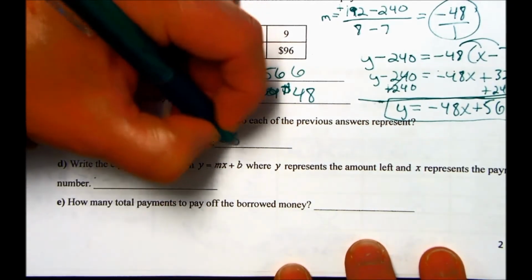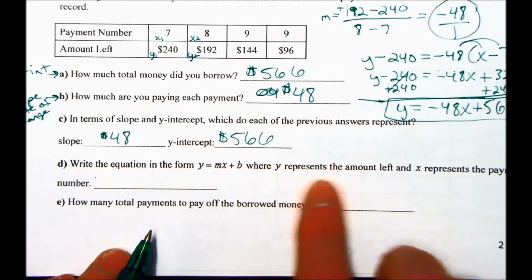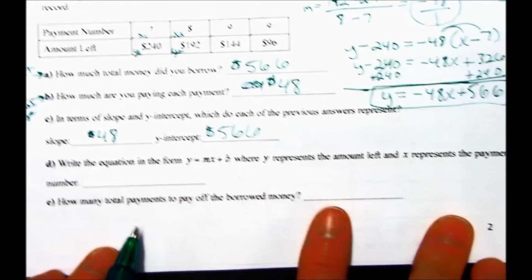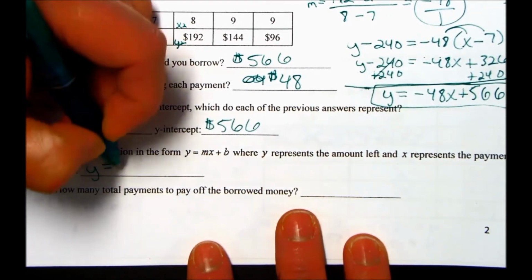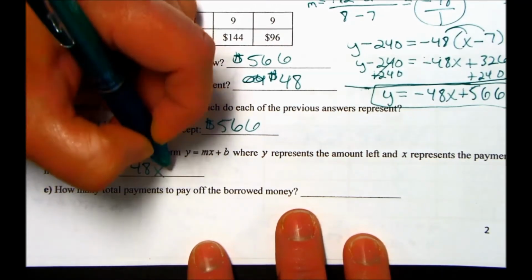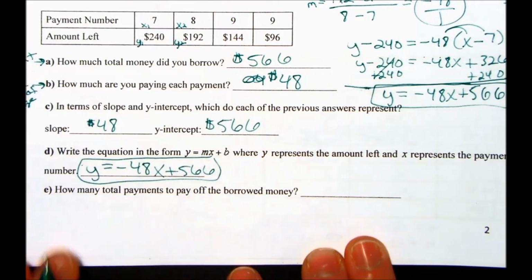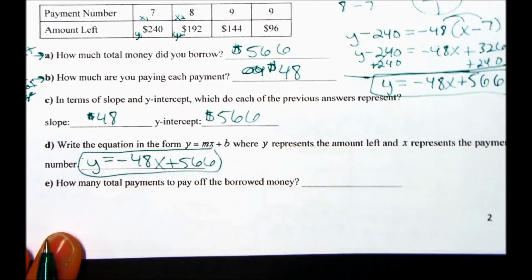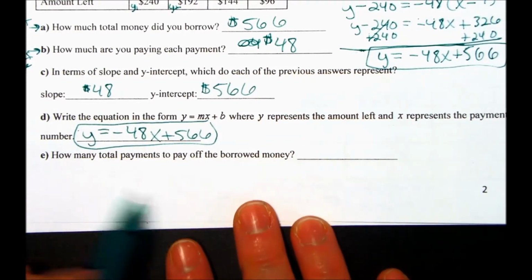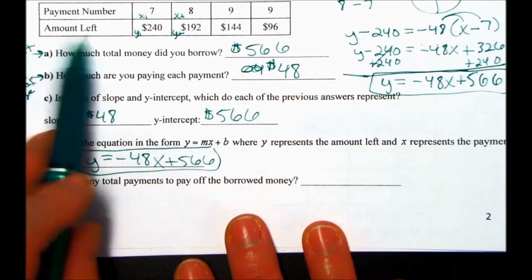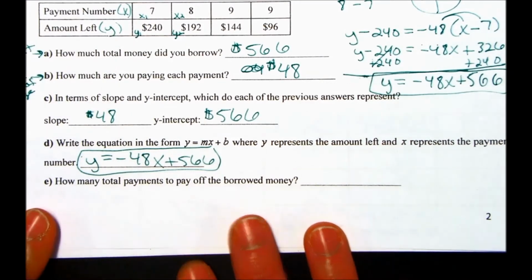The 566. So when we write our equation in slope-intercept form, where y represents the amount left or our balance and x represents the payment number, we would have y equals negative 48x plus 566. And then the last question asks, how many total payments will you need to make to pay off the amount borrowed? So we want the y value, or the amount that's left, to be 0.